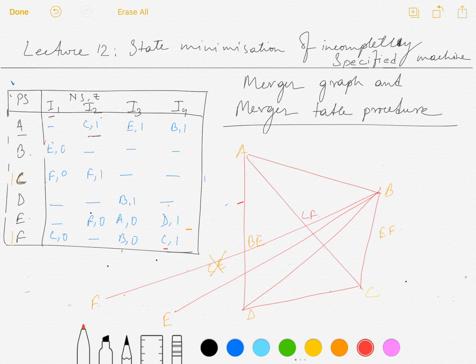Next is DE. Now, for DE, look at this, for I1, I2 outputs are same, but for I3 output is not same. So, we will reject it.